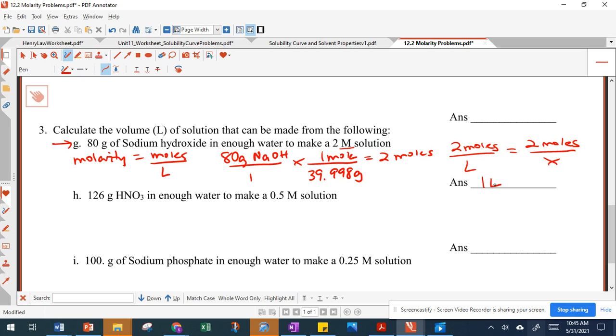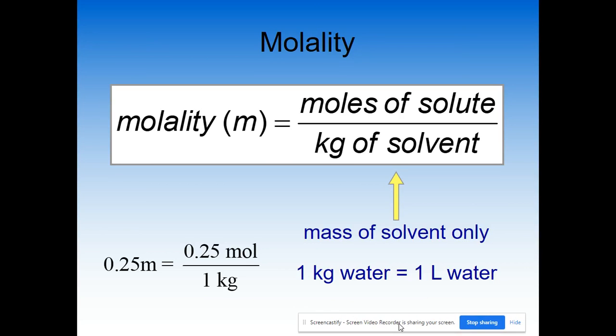Now let's go over molality. Molality is lowercase m, and is sometimes called molal, and it's moles of solute over kilograms of solvent. If we have water, we have to remember that 1 kilogram is equal to 1 liter, because sometimes we will be given liters of water.